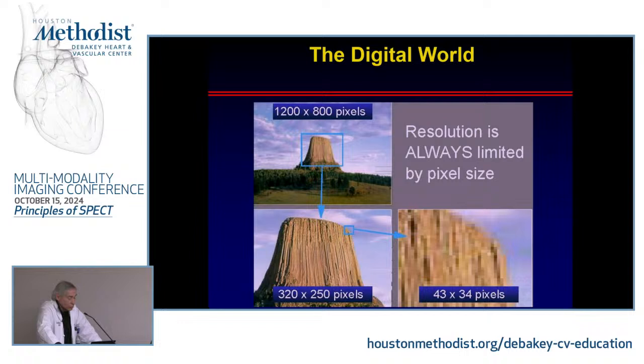But if you go to 43 by 34 pixels, you can see you can hardly determine anything, right? Because everything is blurred. And so even when we think about how we reconstruct an image or look at an image on a monitor, it's really going to be very dependent on the number of pixels we have per a certain amount of area to really maximize our visual resolution of the image. Okay?